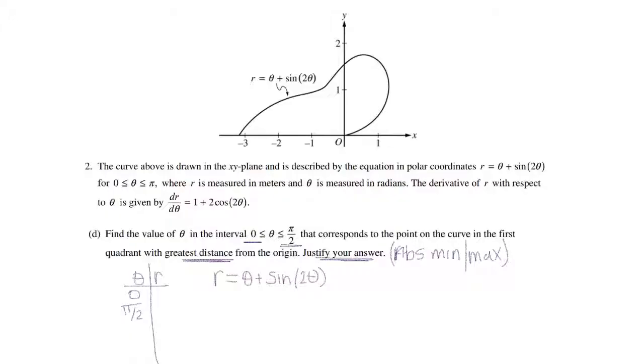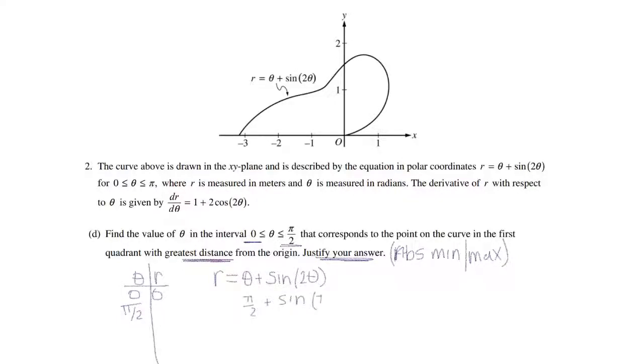We can use our calculators, but it's pretty insightful just to plug in 0 here. And we get 0 plus sine of 0, which is all going to be 0. And then if we plug in pi over 2 for theta, that gives me pi over 2 plus sine of pi.